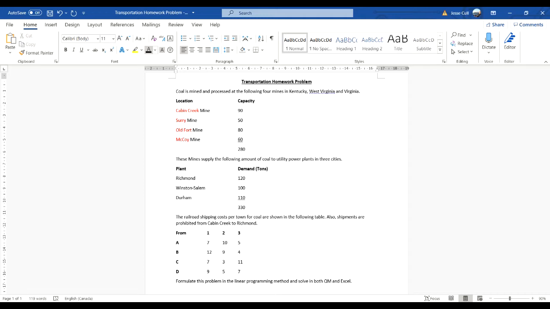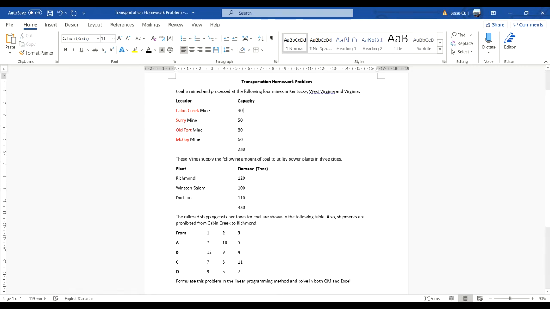So all four of these, the key information is not where the mines are located, but the actual mines themselves. So capacity, 90, 50, 80, 60, total of 280.